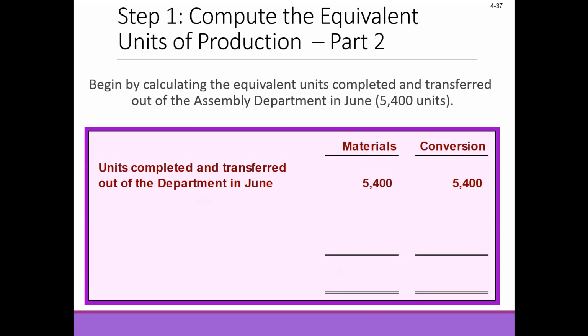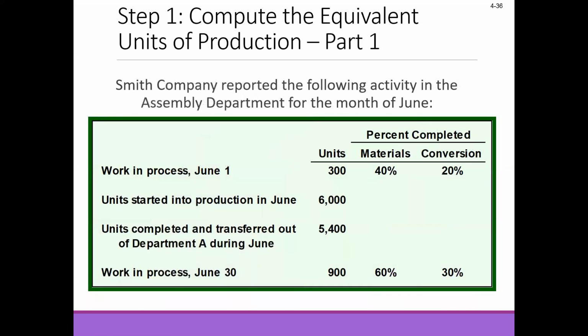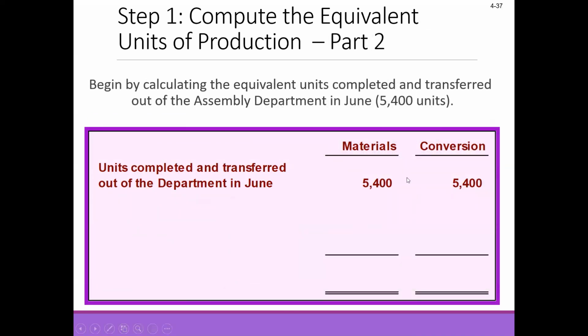So to figure equivalent units, we begin by calculating the equivalent units completed and transferred out of the assembly department in June. Now, you see here, that was 5,400 units.